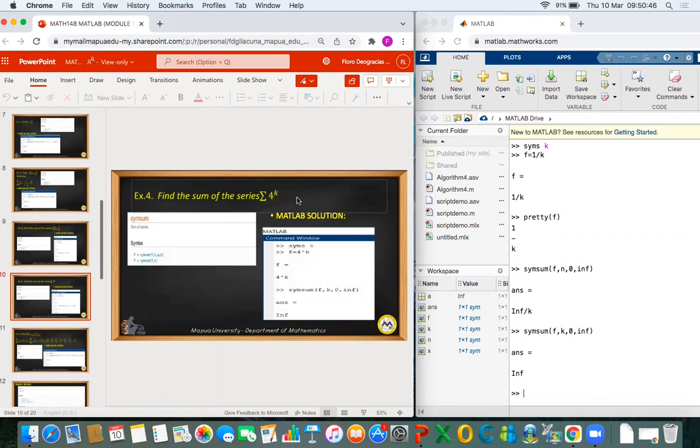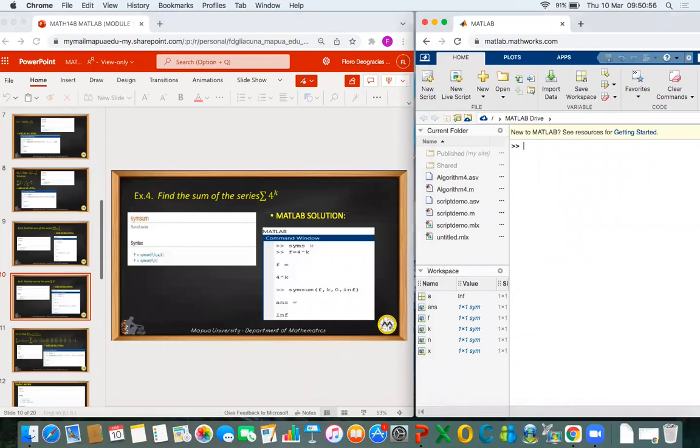Okay? So with that, let's now use Matlab to verify if the answer is correct. Again class, you have this clc, then syms k. Then you have your function f equals 4 raised to k. So you use the caret for the power k.